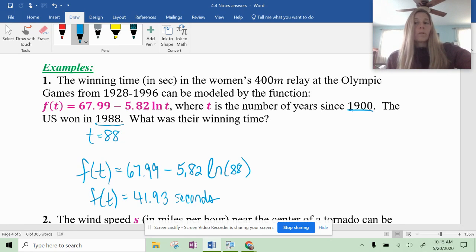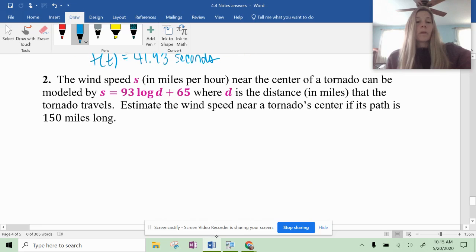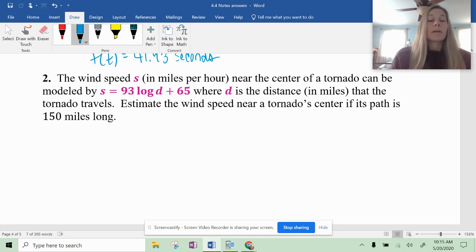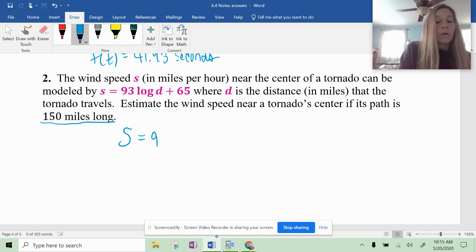Okay, let's take a look at the next one. The wind speed in miles per hour near the center of a tornado can be modeled by S equals 93 times log D plus 65, where D is the distance in miles that the tornado is traveling. Estimate the wind speed near a tornado's center if its path is 150 miles long. So again, we're just substituting in that number.